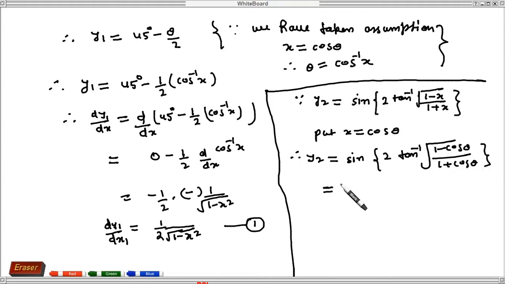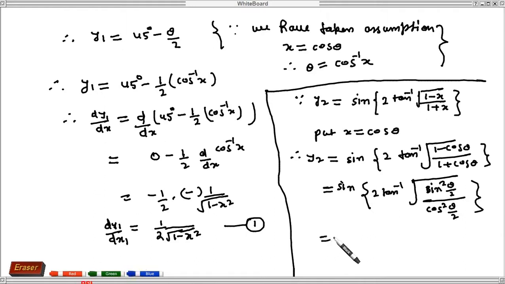So 1 minus cos theta can be written as 2 sine square theta by 2, and 1 plus cos theta as 2 cos square theta by 2.